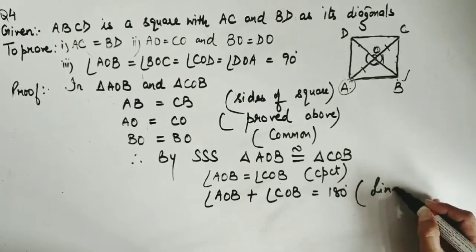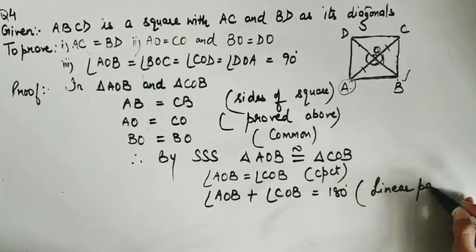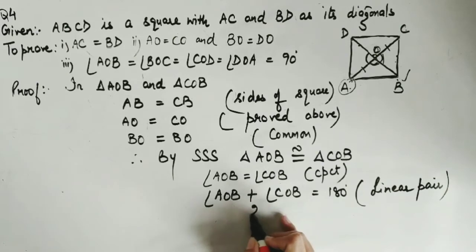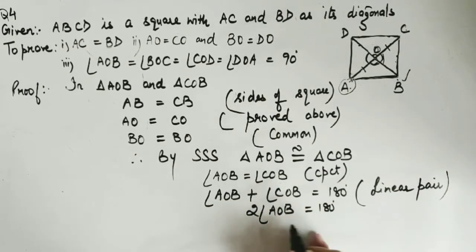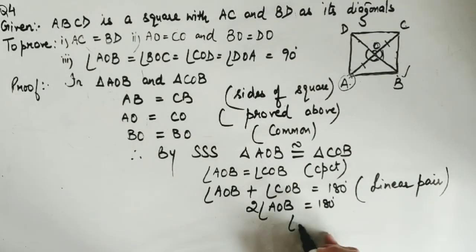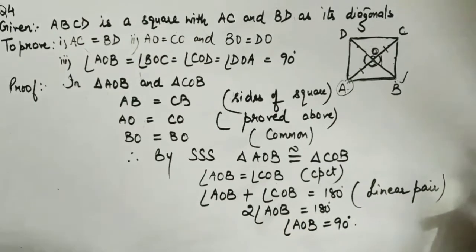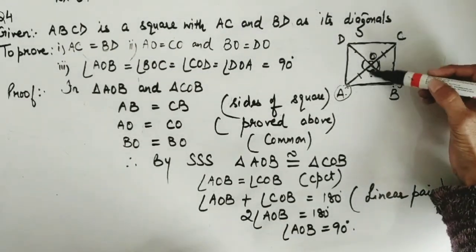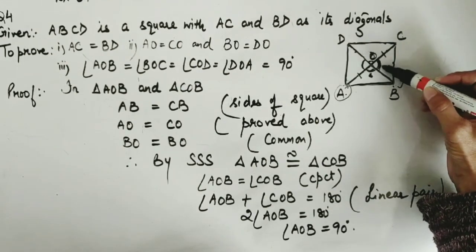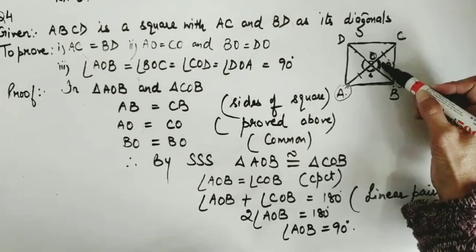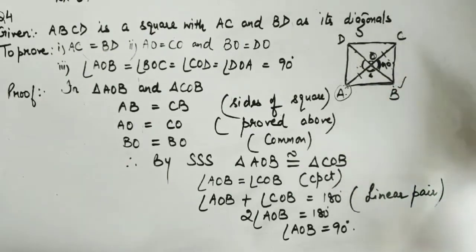And if they are adding up to 180 and they are equal, can I say twice of AOB equals 180? And hence if twice of AOB is 180, AOB would be 90. And if AOB is 90, the opposite angles are each 90, and because they are equal, this is 90, and here also vertically opposite angles would make it 90.